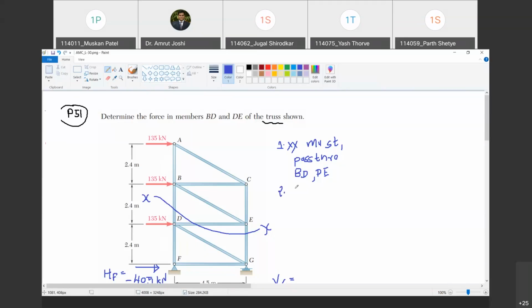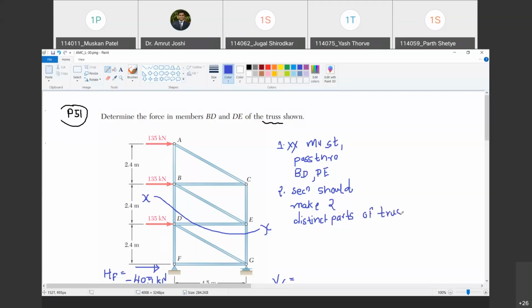The section should divide, or section should make, two distinct parts of the truss. Are you with me?